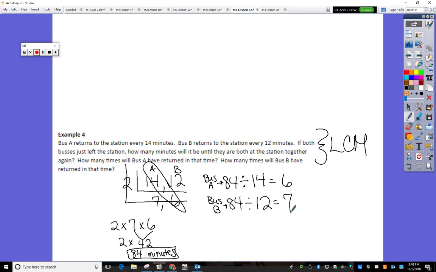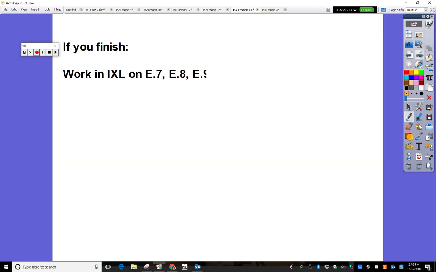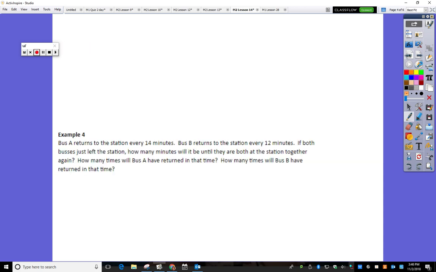So again, you can use your division by taking your LCM and dividing it by each one, or you can use the diagonal number underneath. Just be careful that you're not doing the one directly underneath, because that's where students tend to make the biggest mistakes. Okay, so that's the end of that.